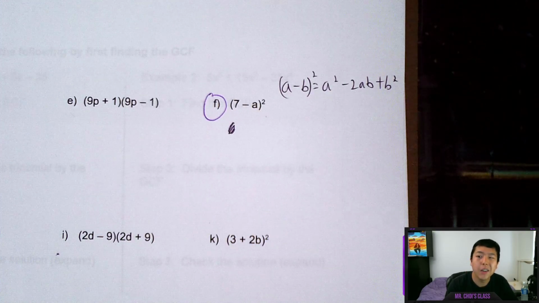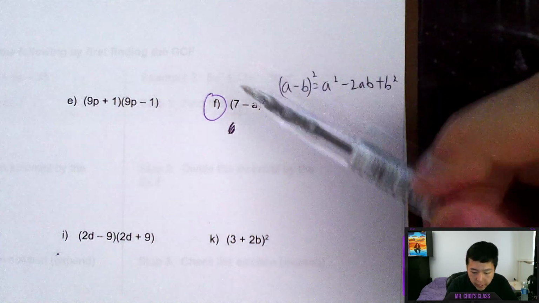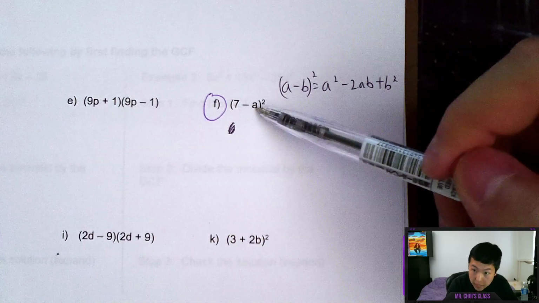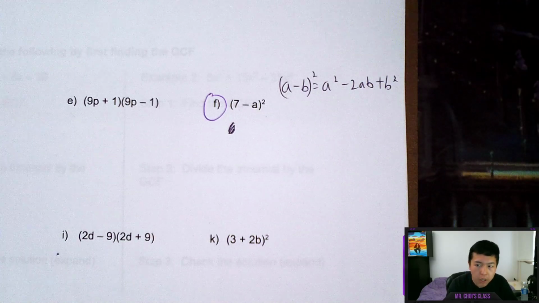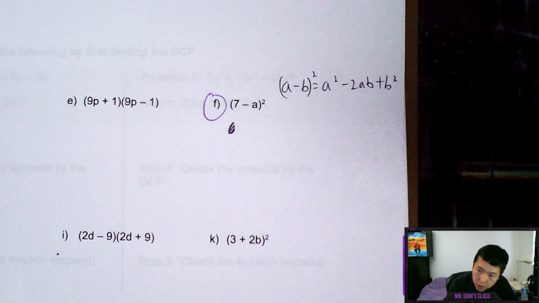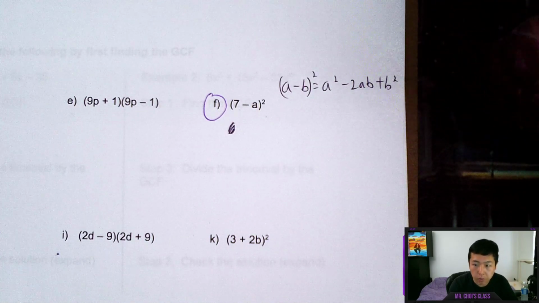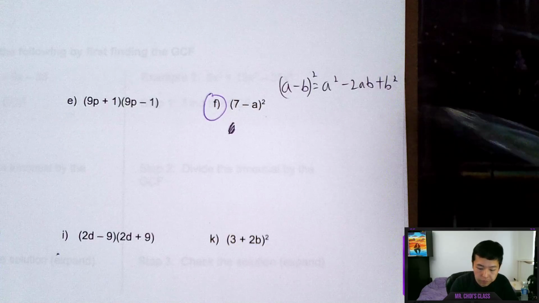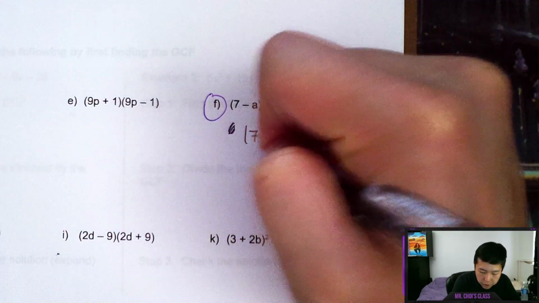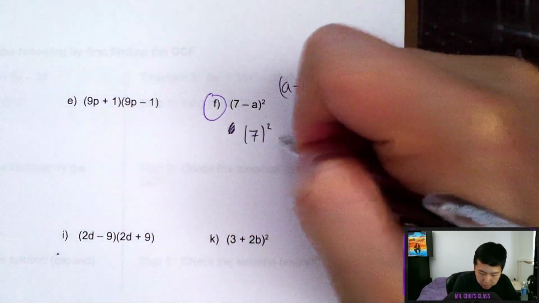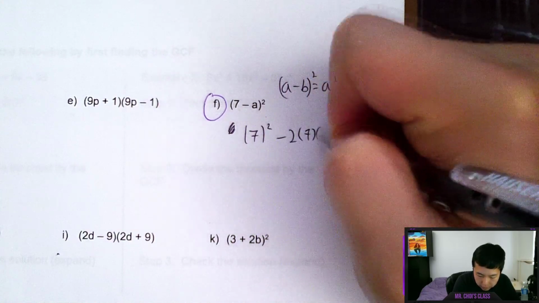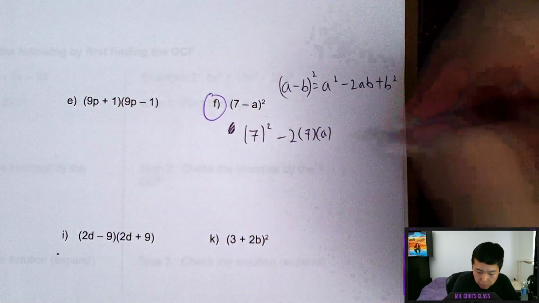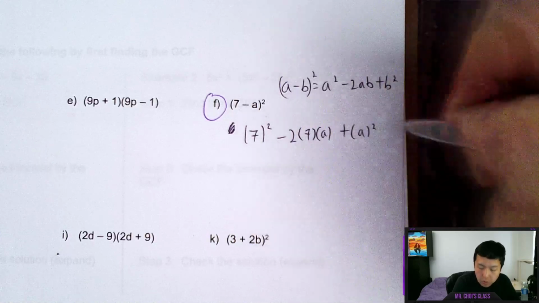Now the confusing part about this is that a is 7 and b is a, which is a little odd, but let's work it out. If you use the formula correctly here, plugging it in, you should get 7 squared minus 2 times 7 times a plus a squared.